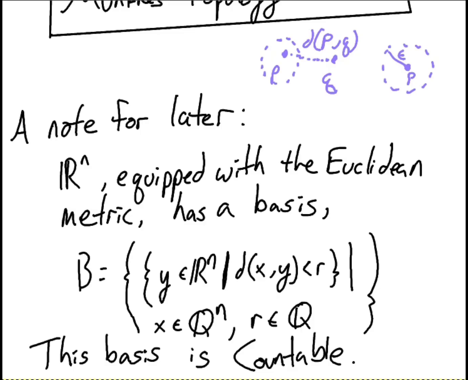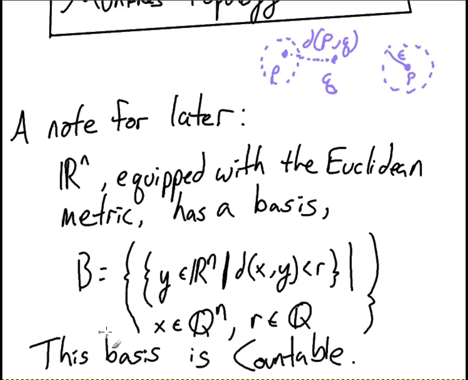There is a useful feature of the real numbers: the rational numbers are dense in the real numbers. What this allows us to do is induce the standard topology on R^n by only using a basis of balls centered at rational points with rational radius.